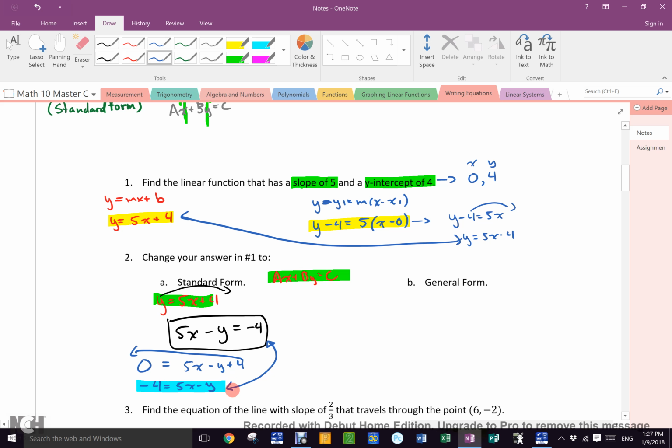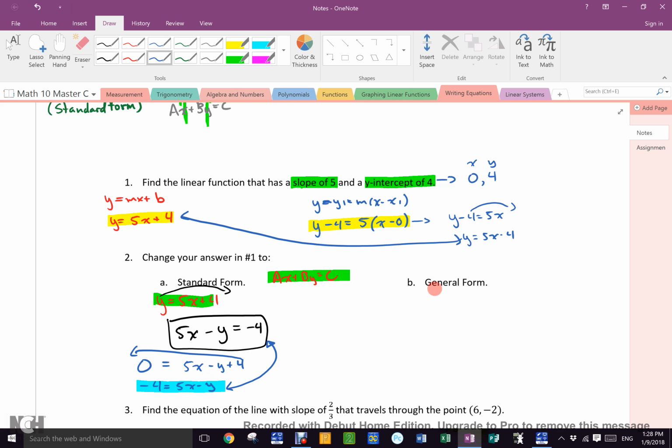Is it? No. Something you need to understand. If you only pay partial attention to this stuff and you see this, oh, it's got to look like that. It doesn't. Because everything equaling C is the exact same as C equaling everything. Everybody understand that? Order doesn't matter.